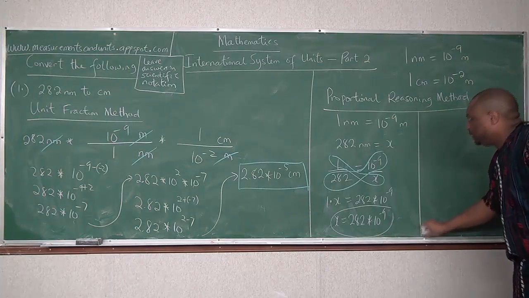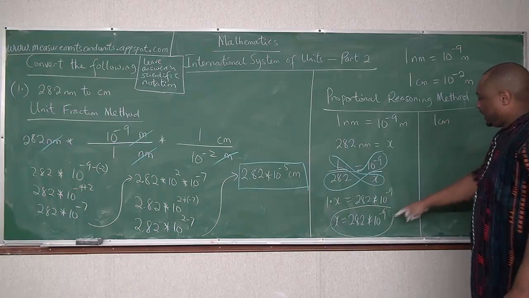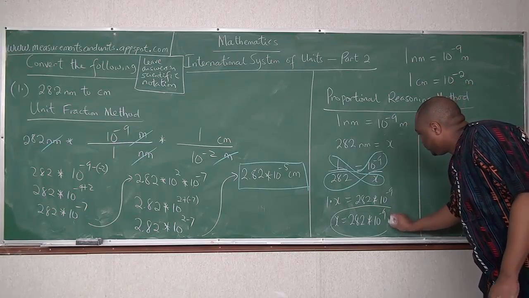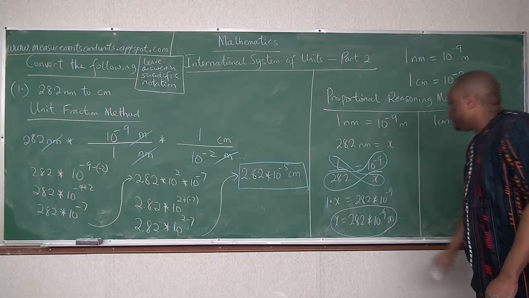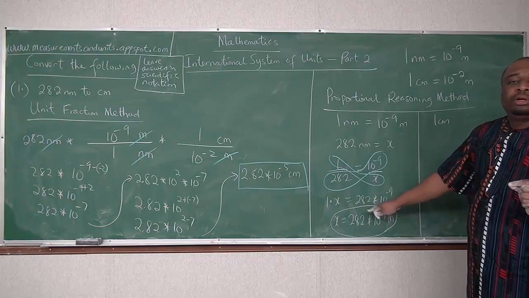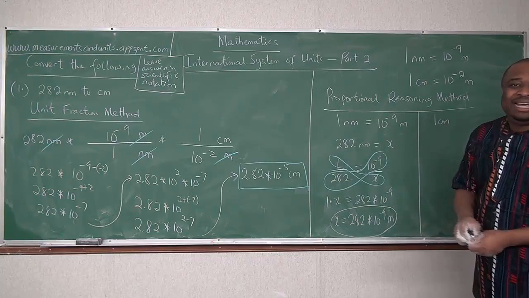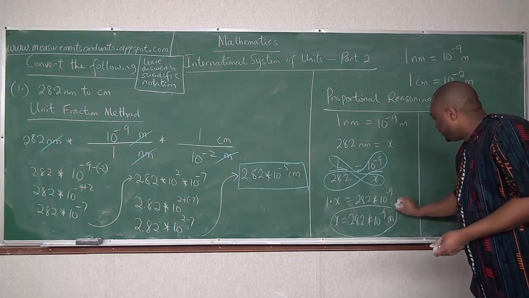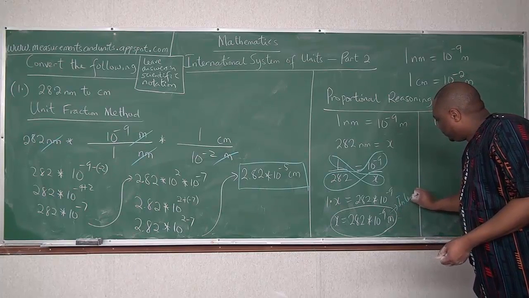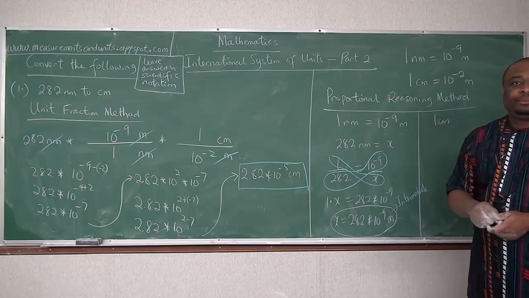Then I come again. I now see that 1 centimeter, because this is meters. You write this meters. I do not want to convert it to scientific notation yet, because it's still intermediate. It's not final.